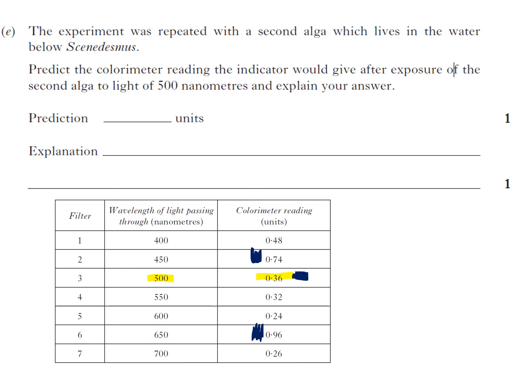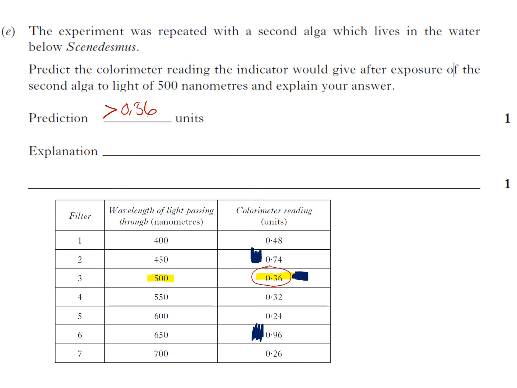It's left some of it to get past into the deeper water. So I'm expecting the reading to be more than 0.36, because what is left is what the other alga is going to use. You would expect a pattern that mirrors the first pattern.